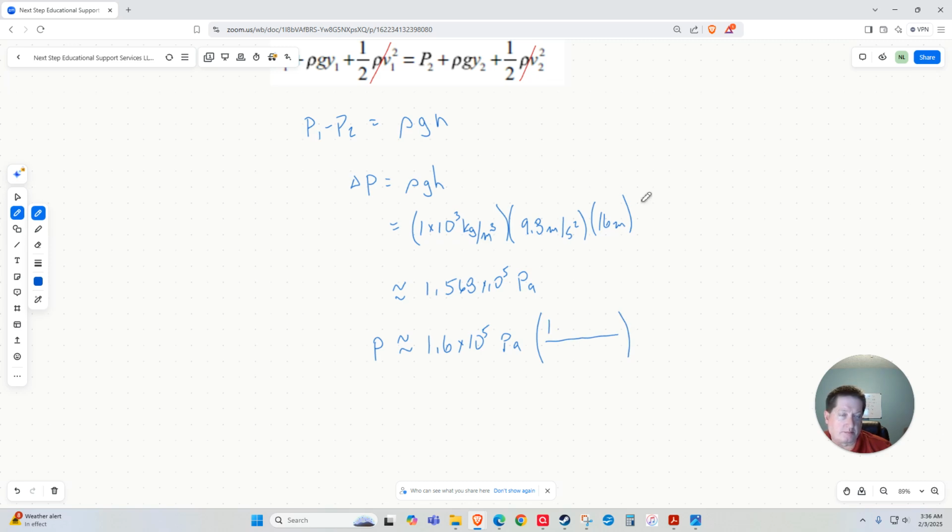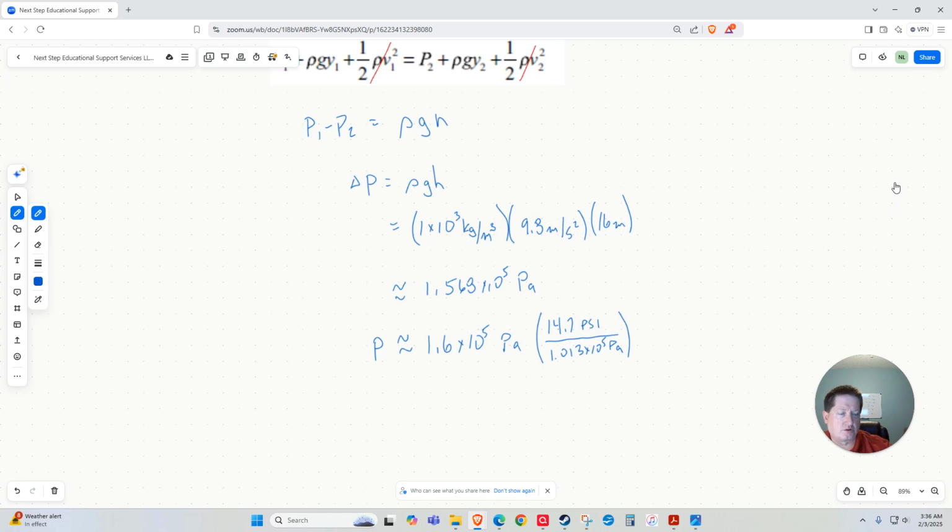It's 14.7 psi for every atmosphere. And 1 atmosphere is also equal to 1.013 times 10 to the 5th pascals. And if you crunch that out, that's about 1.5, so you'd get about 20-ish, 20 to 22-ish on your pounds per square inch.